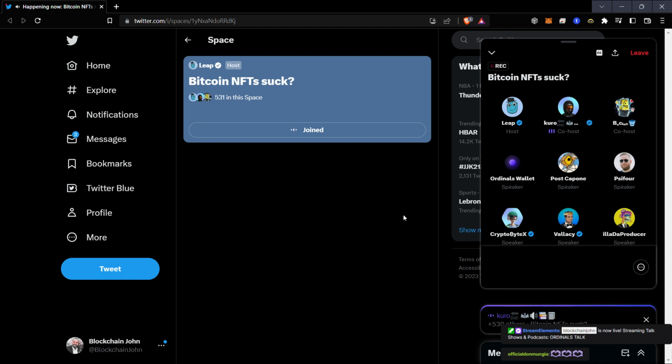Hey, I was just wondering, has anyone figured out how to wrap an ordinal, kind of like wrapping BTC on Ethereum, so that I could trade it on OpenSea and I don't have to trust anybody? No. Your question is, is there a way to wrap a UTXO containing the Satoshi that an ordinal is inscribed to?